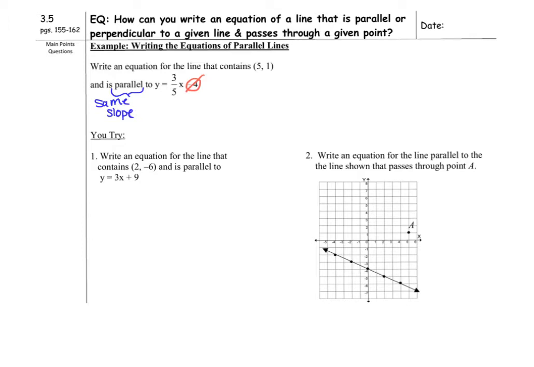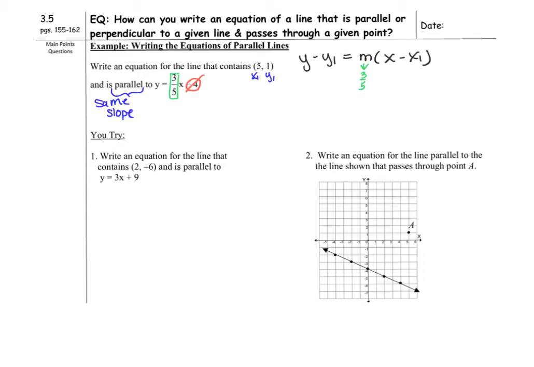So I want the equation of my new line to have the same slope as this line, which is 3/5. And I want it to pass through (5, 1). So that's going to be your x sub 1 and your y sub 1. So we use the point-slope form to figure this out. We're going to replace your m with the 3/5.